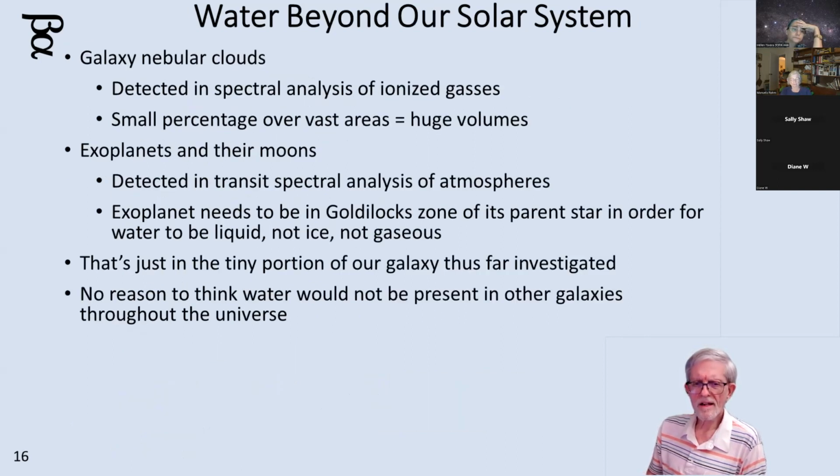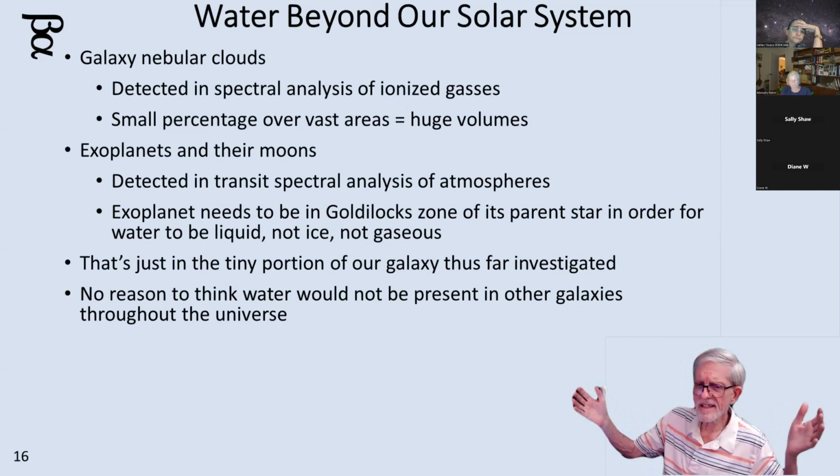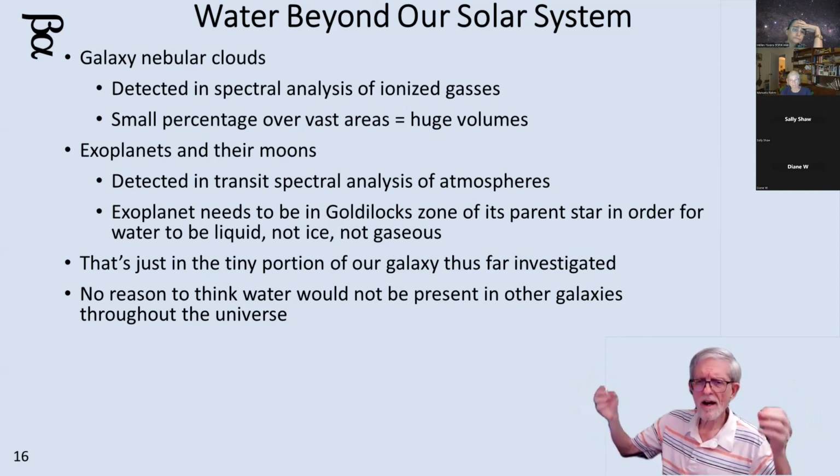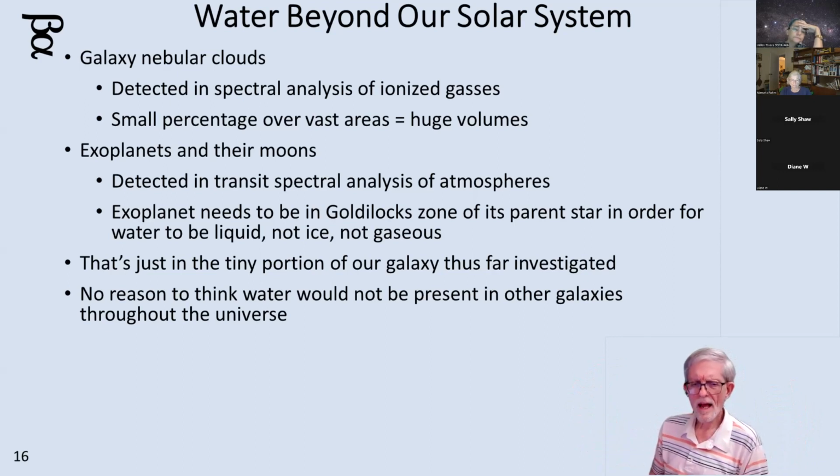So, water beyond our solar system. We know from spectroscopic analysis that there's water in the ionized gases of nebular clouds. And remember, even a small percentage over an area that's 10 light years across is a huge volume of water vapor. And we've also found through spectroscopic analysis that the atmospheres of some exoplanets do show indications of water.